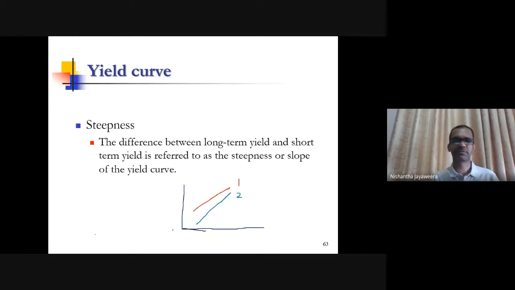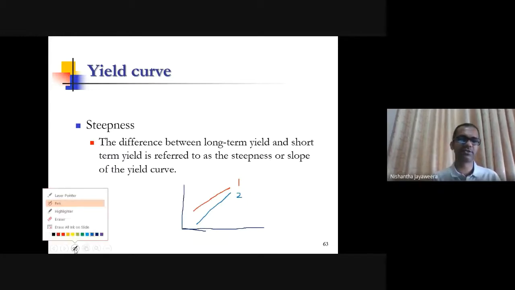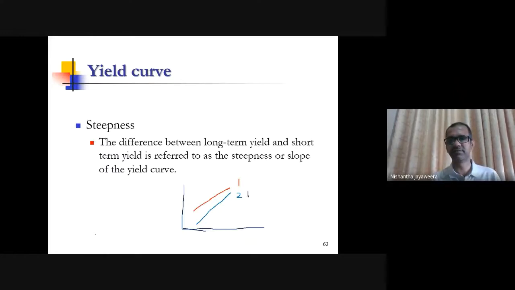Or the other way around, when it goes up, this is the first yield curve and this is the second yield curve. Short-term yield has increased by a large amount, but long-term interest has increased only by a small amount. So then the curve flattens.